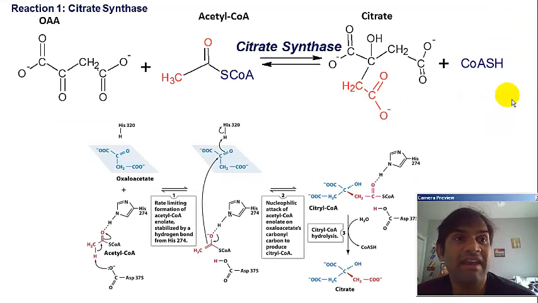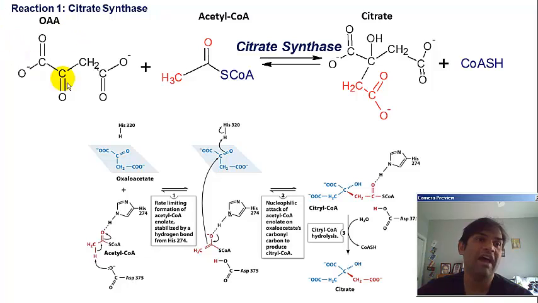The first step in the TCA cycle is catalyzed by the enzyme citrate synthase. So here we have oxaloacetate. Oxaloacetate is going to react with this high energy molecule known as acetyl-CoA. That coenzyme A is a very good cofactor, but it's also a high energy molecule.